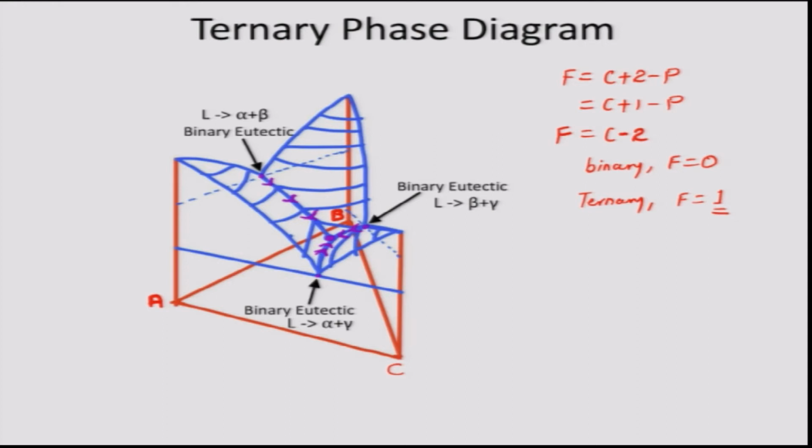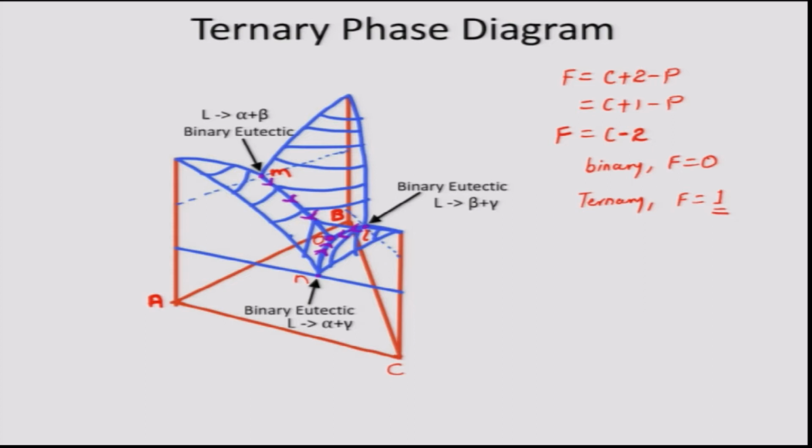Let us call these binary eutectic points M, N and L. The lines MO, NO and LO, where the 3 lines intersect at point O, which are going down, represent the solidification ranges of the binary eutectics including phases alpha beta, beta gamma and alpha gamma respectively.